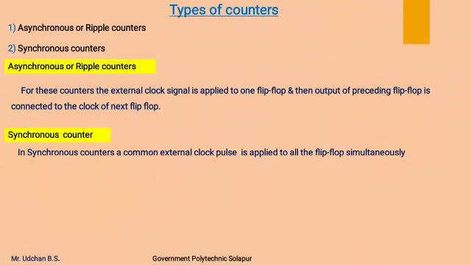Because of this, in an asynchronous counter, all the outputs of the flip-flops will not change simultaneously, whereas in a synchronous counter a common external clock pulse is applied to all the flip-flops involved in the counter simultaneously. Therefore, outputs of all the flip-flops in a synchronous counter change simultaneously.